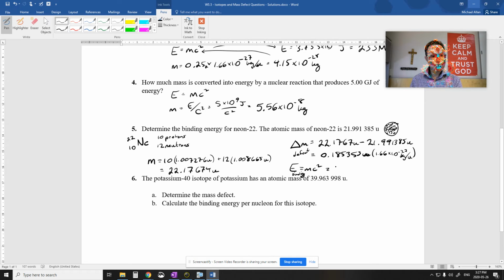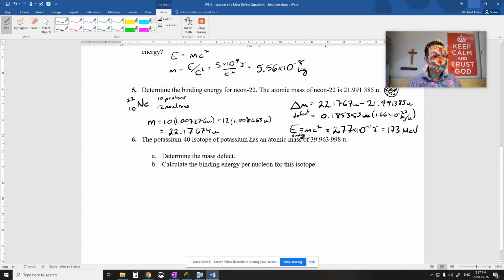So I get a binding energy: 2.77 times 10 to the negative 11 joules. And if you were to convert that into electron volts, 173 mega electron volts. It's a much nicer number. I like that. Okay.